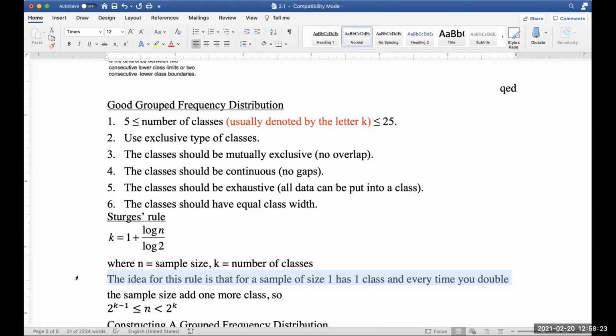So when the sample size n is 1, then the number of classes k is 1. Then every time you double the sample size, you should add one more class. And that's what this is. Every time n doubles, you add one more to k.